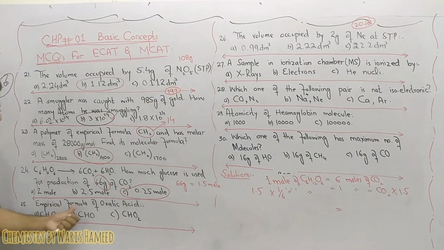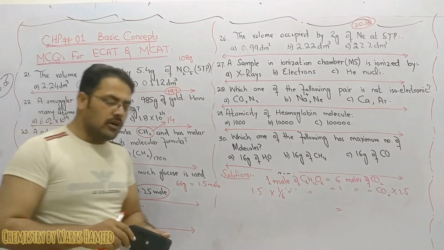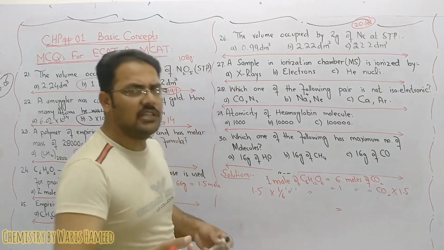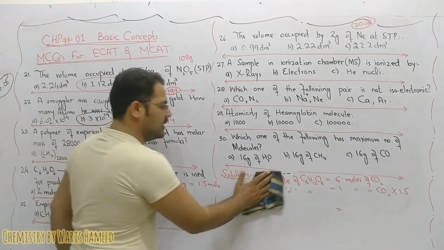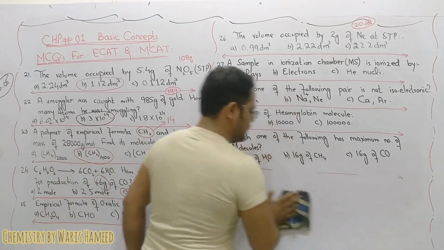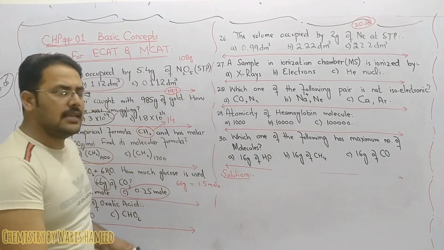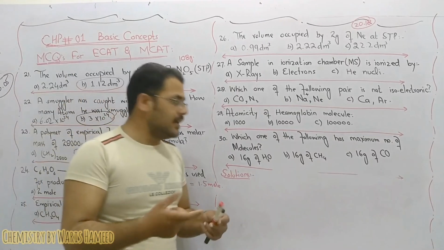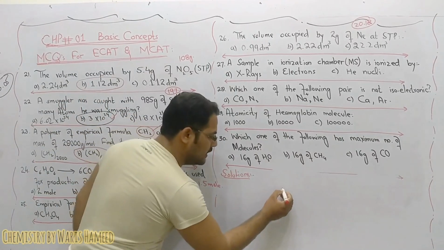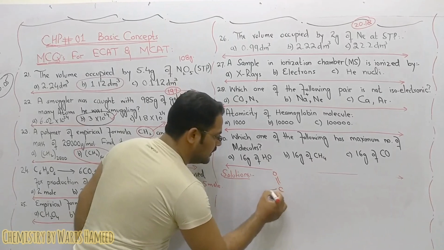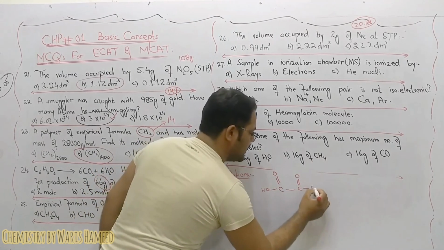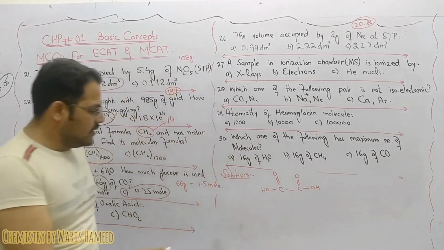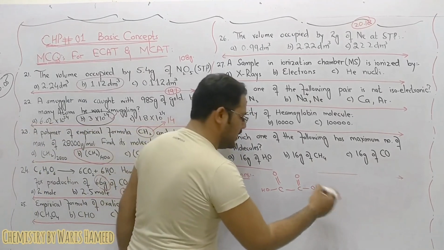Next, empirical formula of oxalic acid. First of all, we should know about the molecular formula of oxalic acid. What is the molecular formula of oxalic acid? Oxalic acid is actually ethane dioic acid. Its structural formula is like this, and so from this we can calculate empirical formula and molecular formula.